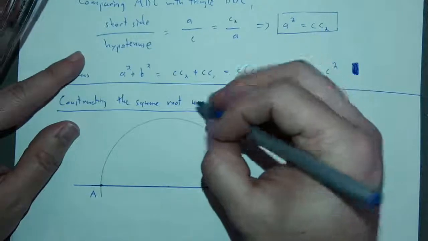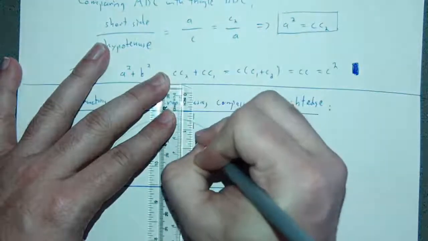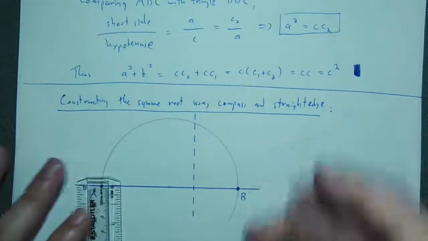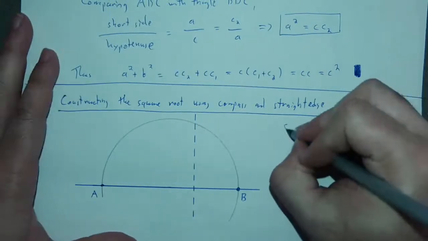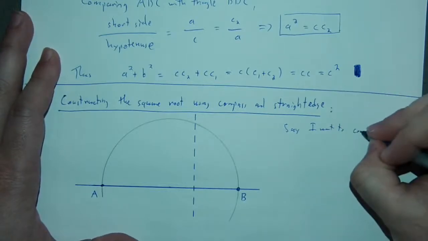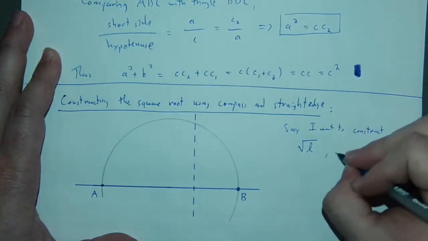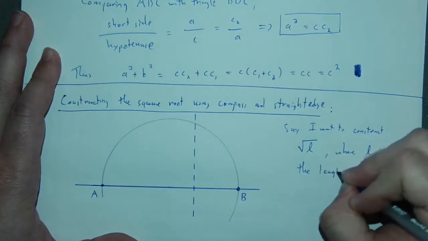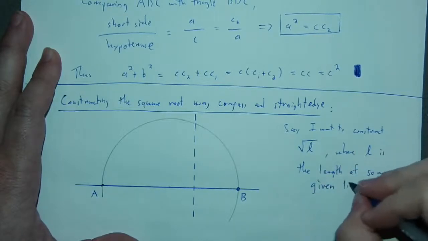So I'm going to draw in some dashed line here. All right. What am I doing here? Let's say I want to construct the square root of L, where L is the length of some given line segment.